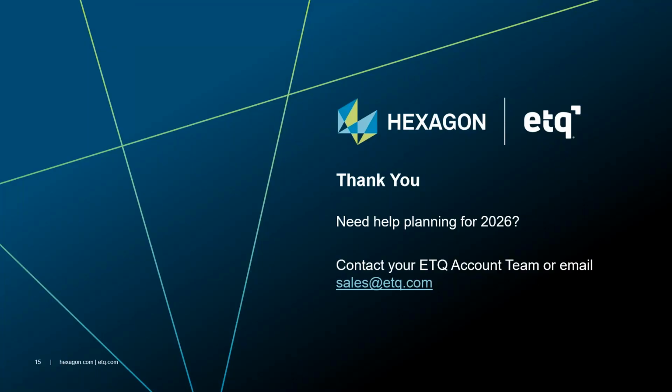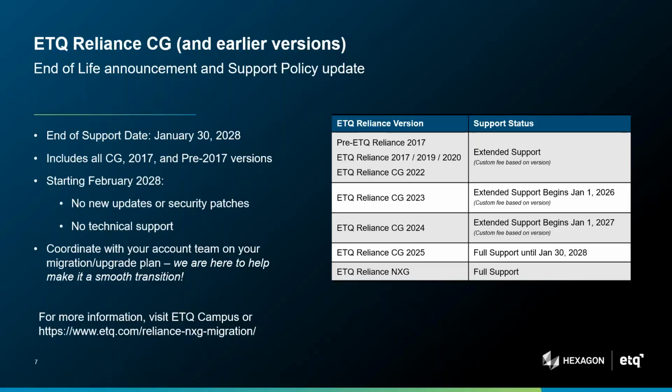Let's see, Rachel, can 2024C be migrated directly to NXG? And what is the anticipated lead time for existing customers? Okay, so on those transition points from CG to NXG, as it stands, we're almost there.